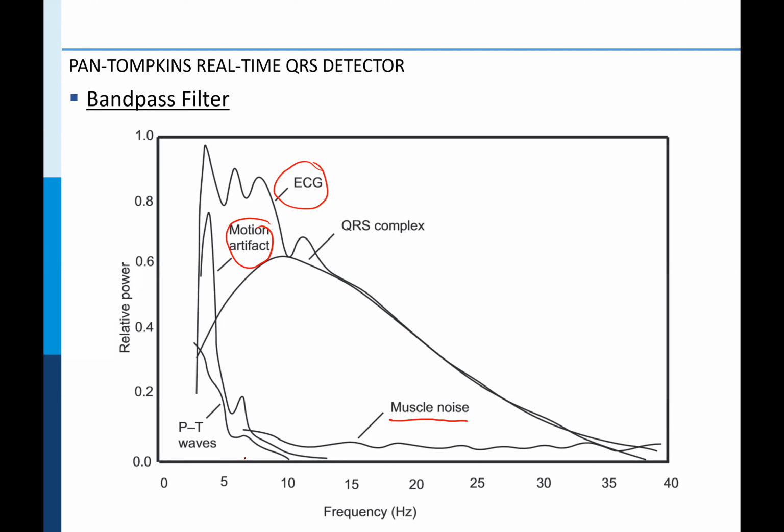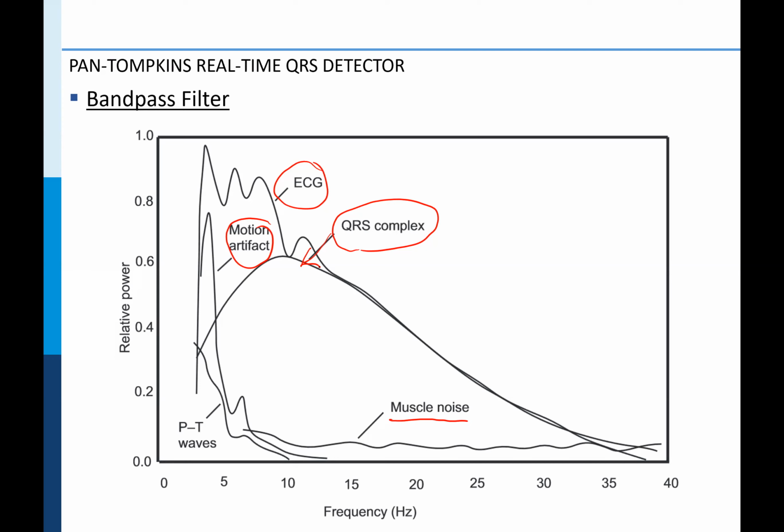Then you have the QRS complex. The QRS complex bandwidth occupies approximately from 3 Hertz to almost 40 Hertz, and it has a significant power. This is the QRS complex's spectral behavior. This is just a template, one scenario of how the different components are reflected in an ECG signal.